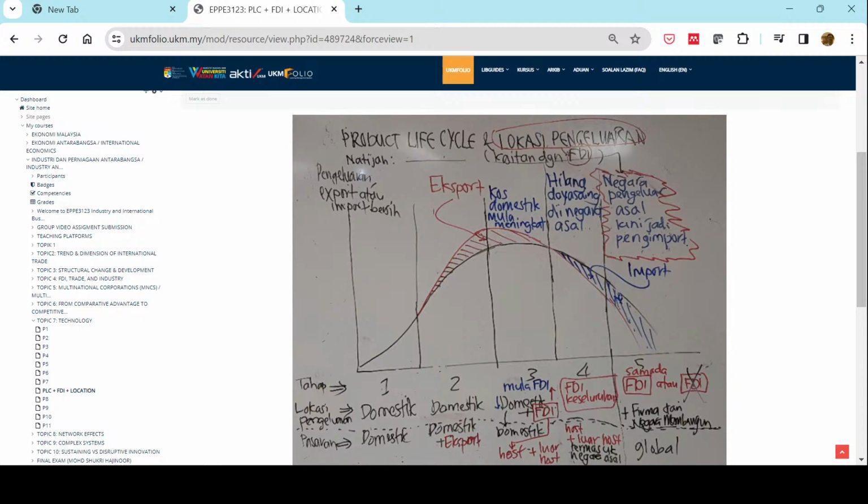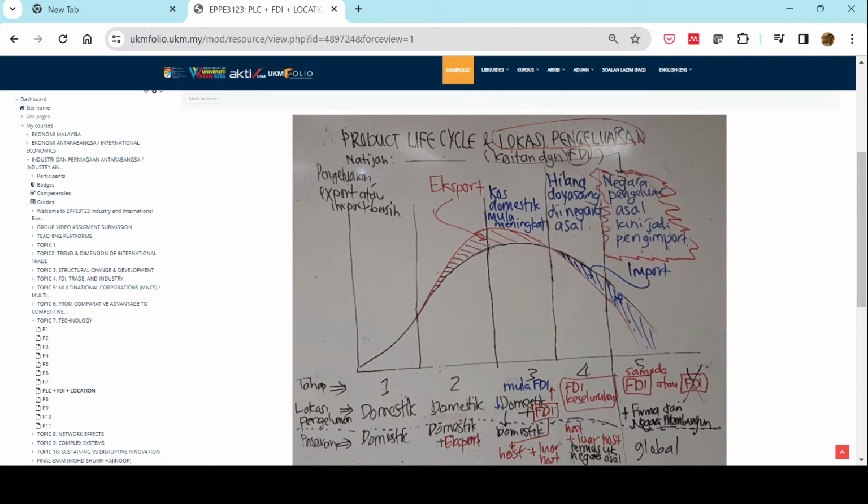And this is the stage 1, 2, 3, 4, 5 on the horizontal, and vertical is the production, comma, exports or net imports. So it's nicely done.